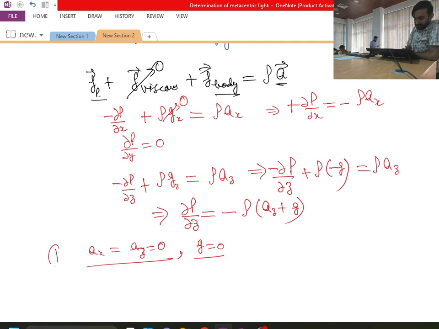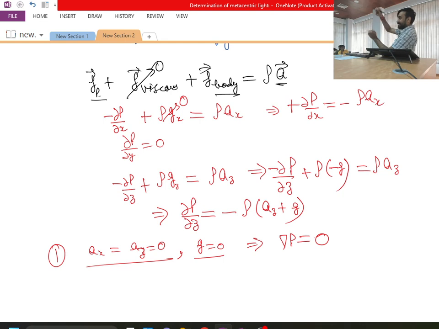So for this first situation, if all these things exist, my gradient of pressure, del P by del x, del P by del y, del P by del z, will be equal to 0. And for such a fluid element, at each and every point pressure will be the same. Is this point clear? Okay.